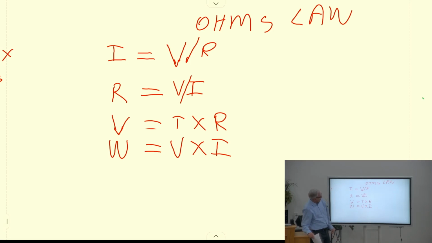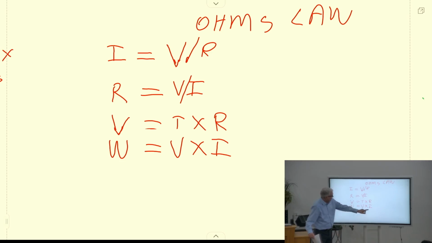And so when you multiply these two together, you get how much power you have moved. Every electron has a little power, and you're moving them somewhere you want to do something with them. So wattage then is how much energy is in that electron and how many are moving.